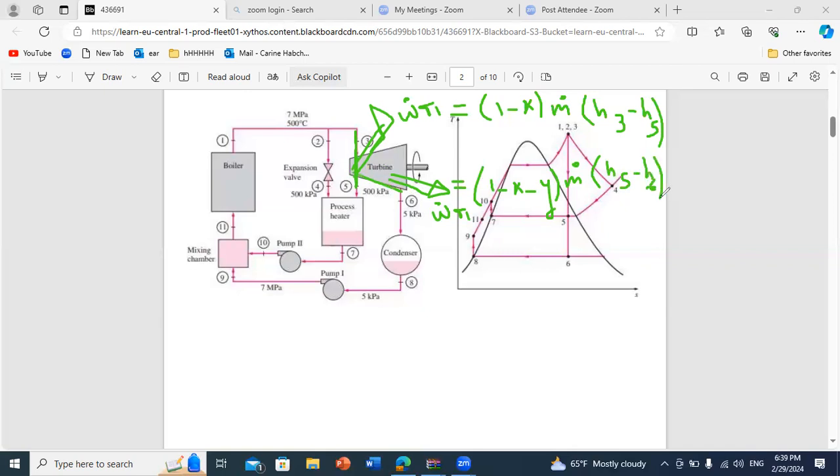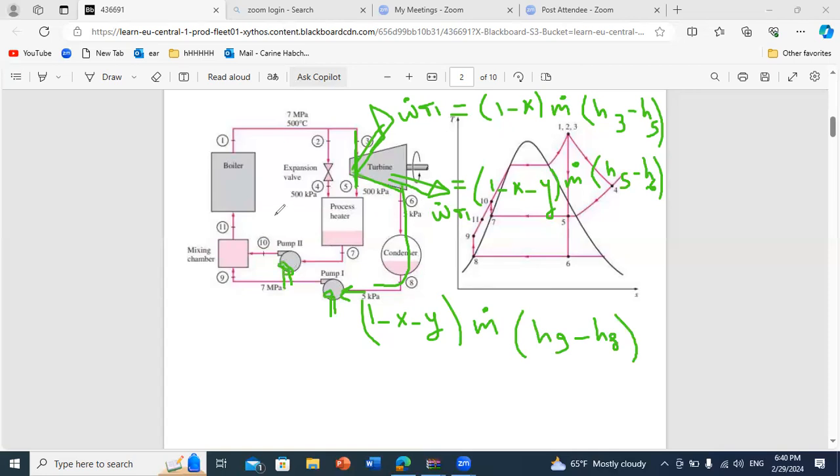Now, concerning our pumps, in pump 1, what is the mass flow rate? The proportion is 1 minus x minus y. It is the one that is going through the second stage turbine. So (1 minus x minus y) times m dot. For my pump, as usual, the work that should be delivered to my pump, I put h out, which is h9, minus h8. And for my second pump here, what is the mass flow rate circulating?